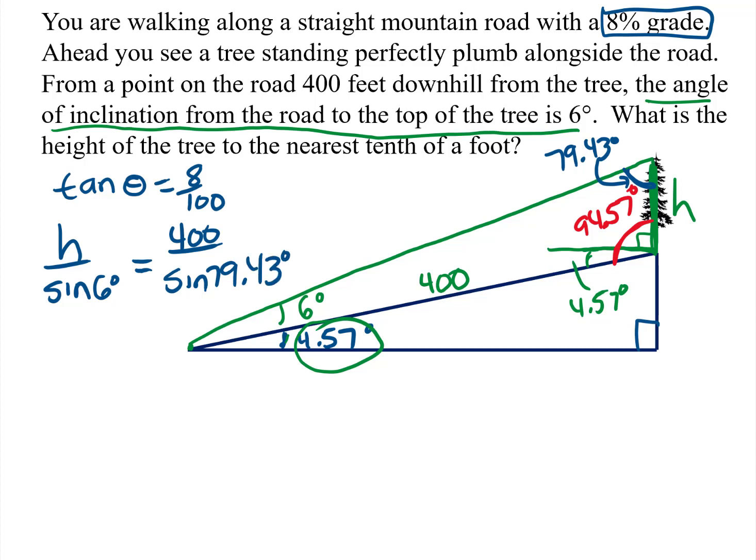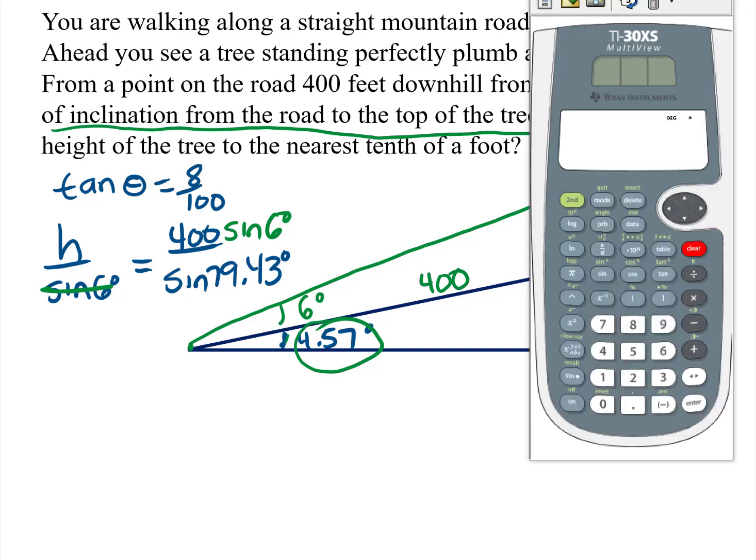So sine of 79.43 degrees. So we'll multiply the sine of 6 over here, and then we will grab the calculator and compute that. Always when you grab the calculator, make sure you're in the right mode. We are in degree mode, so we've got 400 sine of 6, finish the angle there with the parenthesis, divided by the sine of 79.43, and that should tell us the height of the tree.